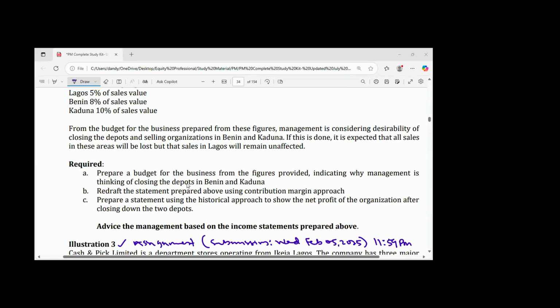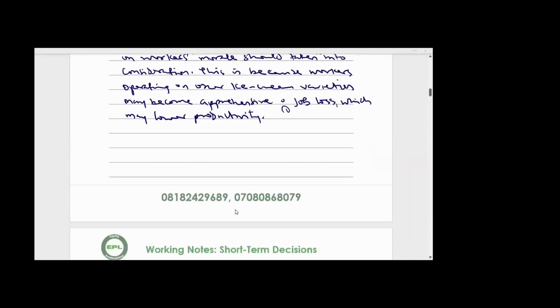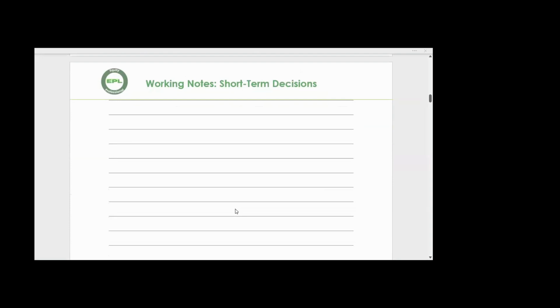So let me stop sharing this and move to the working notes. So, solution to illustration number 2. All right.